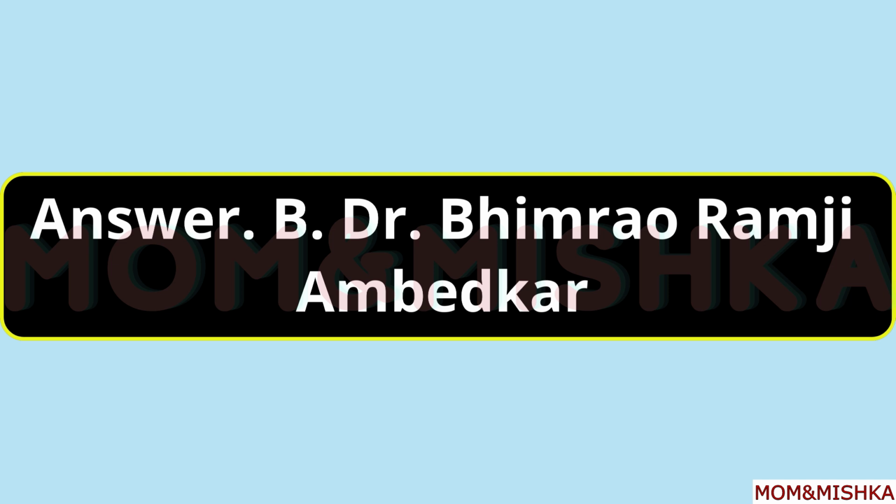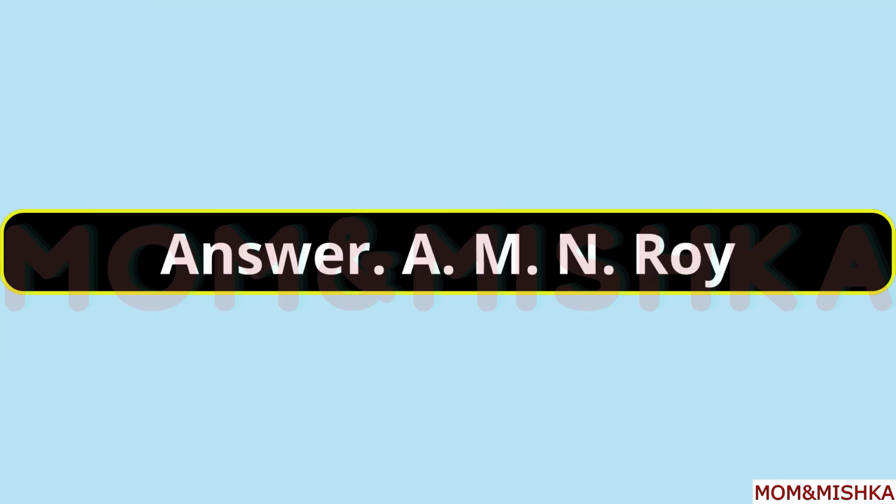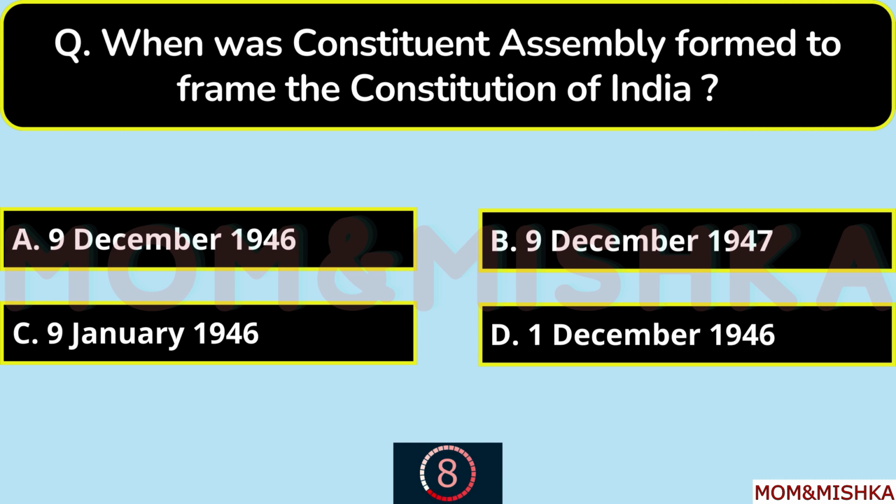Option B. Who had put forward the idea of Constituent Assembly for India for the first time? M.N. Roy. Option A. When was Constituent Assembly formed to frame the Constitution of India? 9 December 1946.